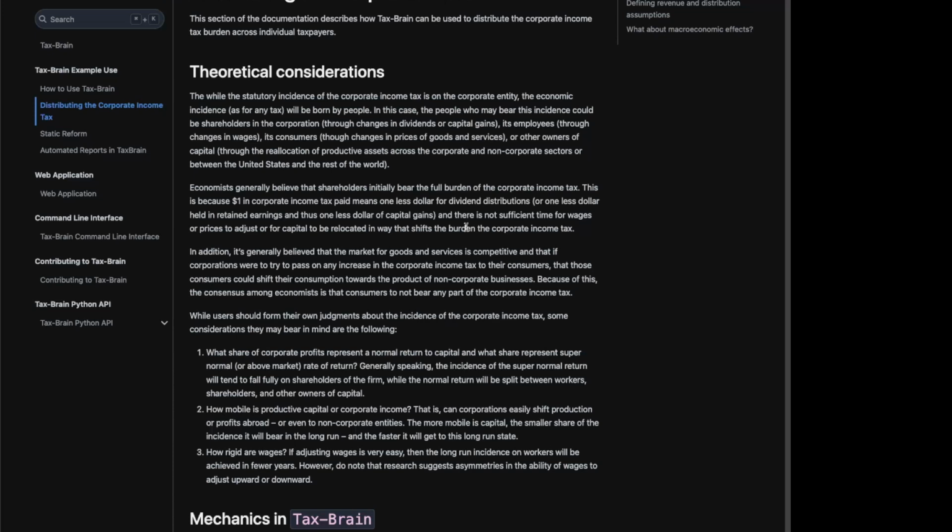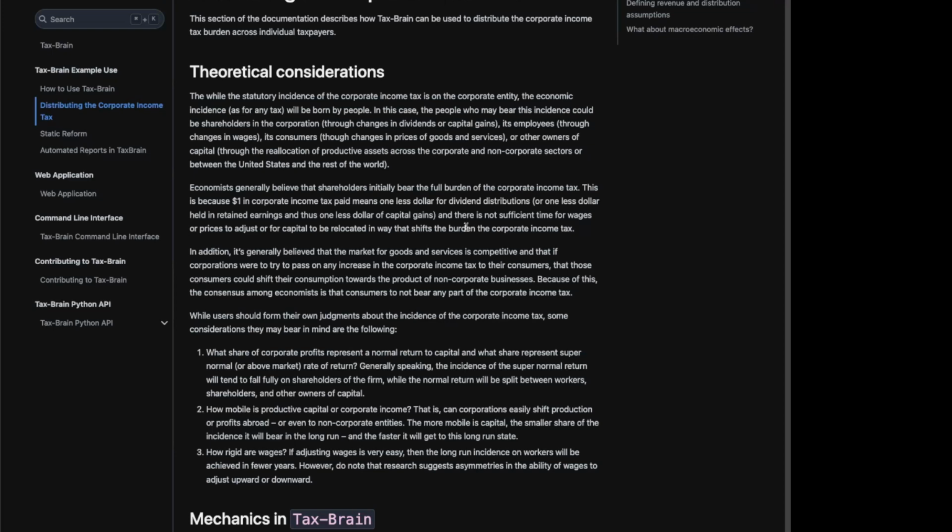Another thing we'll say, with respect to these theoretical considerations, is it depends upon how flexible or how competitive these markets are. The consensus is that it's very hard for corporations to pass through tax increases or decreases to their output prices, because we think that goods markets are quite competitive.